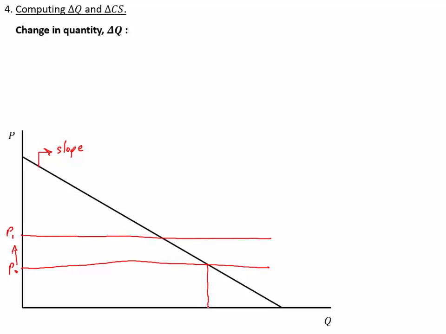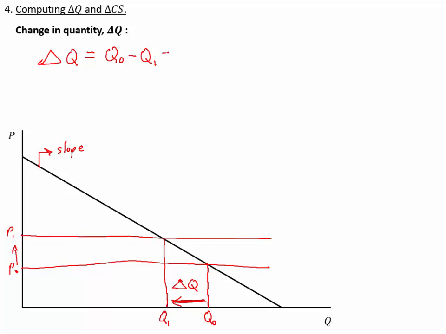And what we want to know is how much quantity is going to decrease. Let's define delta Q. Delta Q is equal to Q0 minus Q1. It's just this distance.